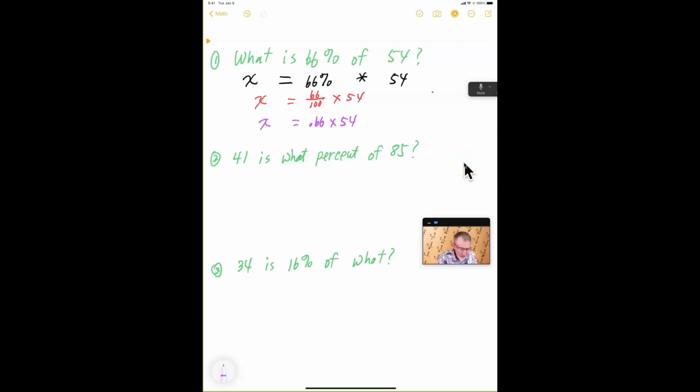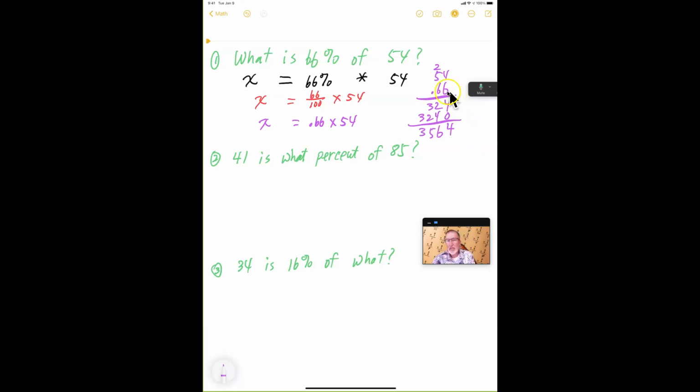0.66 times 54. 6 times 4 is 24. Carry the 2. 6 times 5 is 30 plus 2 is 32. Put down a 0. 6 times 4 is 24. This is going to be the same number, right? 3, 2, 4. Awesome. So then we add 4 plus 0 is 4, 2 plus 4 is 6, 3 plus 2 is 5, and 3 is equal to itself.